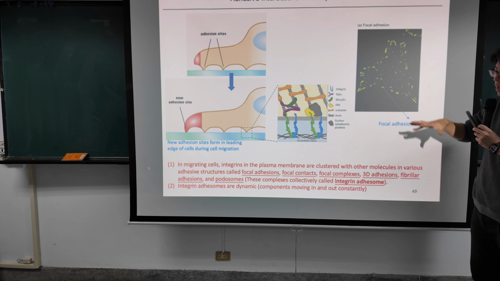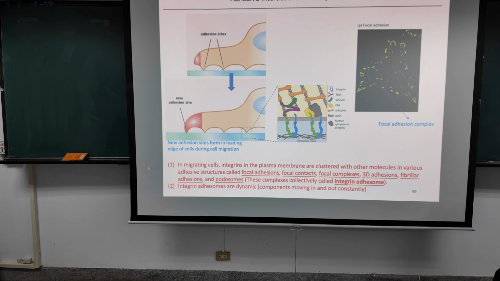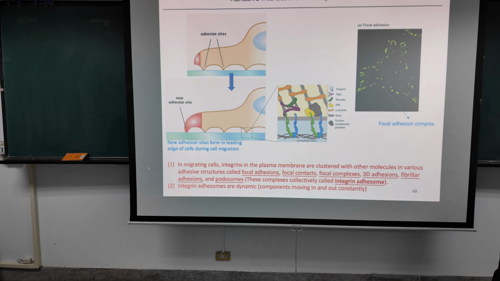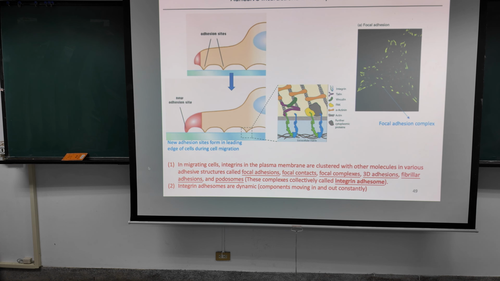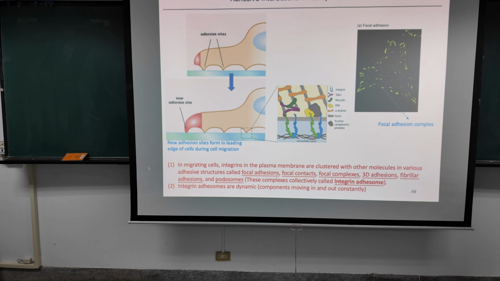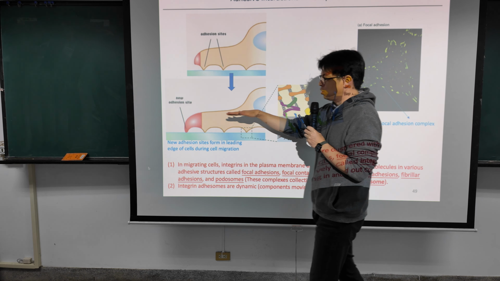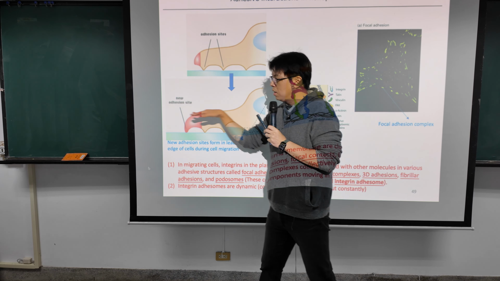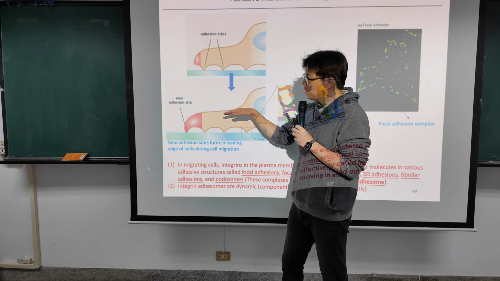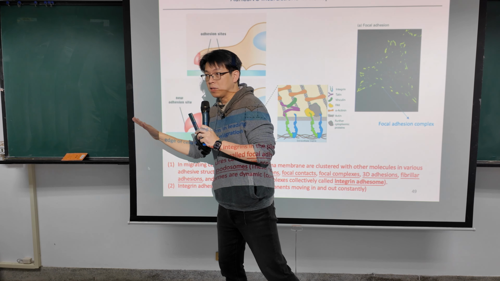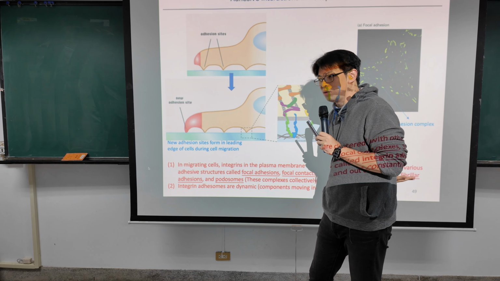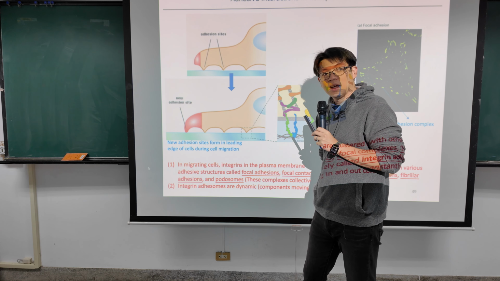Okay, they are not totally lying flat on the bottom. They use this different structure to stand on the culture dish. Okay, and during the migration, for example, this is the direction of the cell migration. They need to form a new adhesion site, and then they can extend their cell mass. And of course, they also need to do the contraction on the other side.